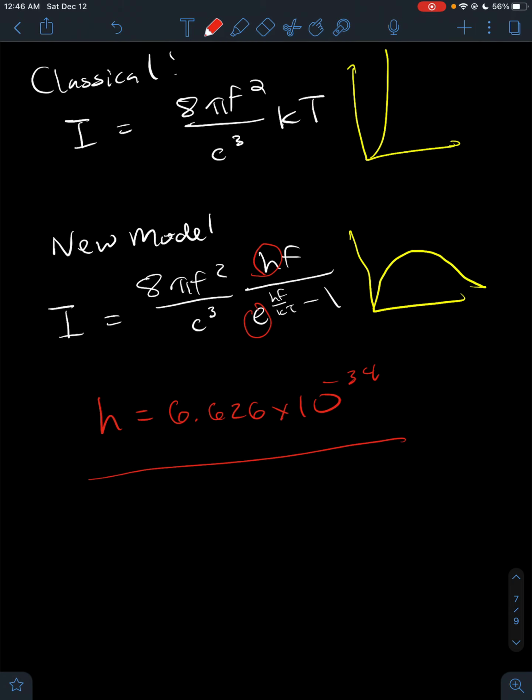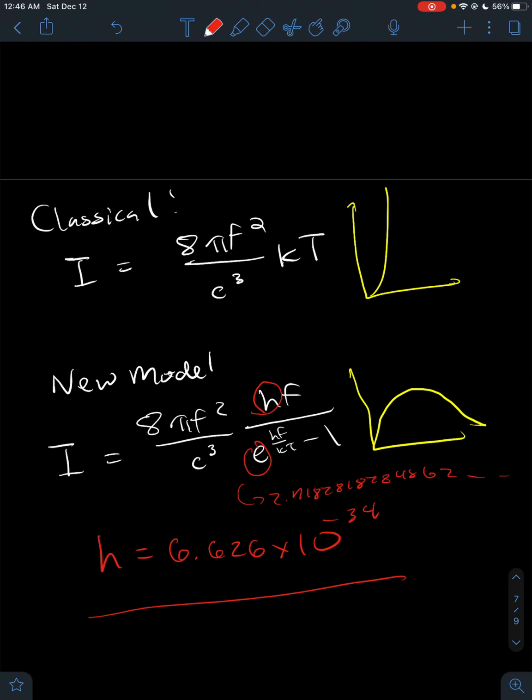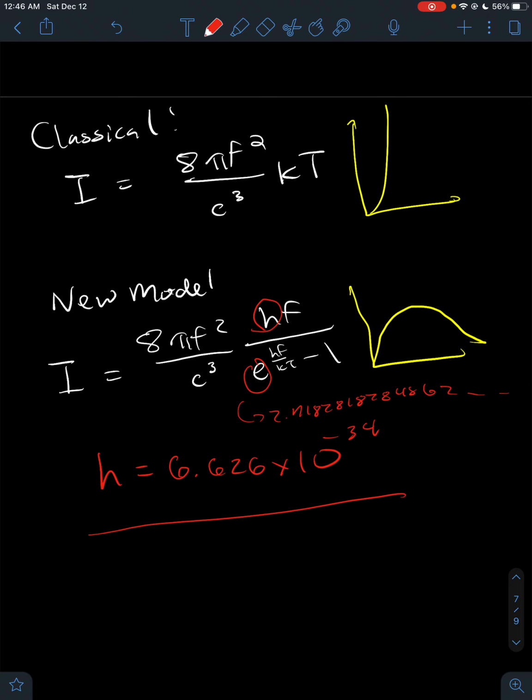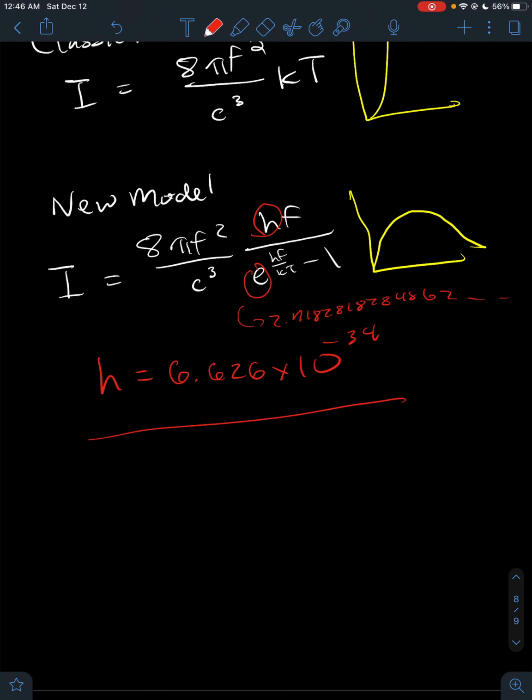And e, of course, is Euler's number, 2.7182818284562, and it goes on. So we're multiplying it by this term over here. And this is a very small number, and we have f. Now we're dividing it by this exponential minus 1.